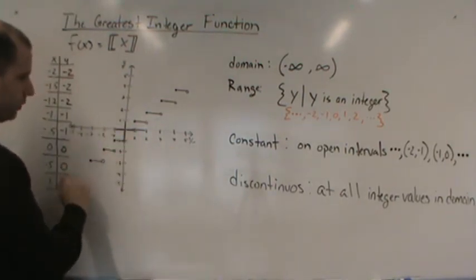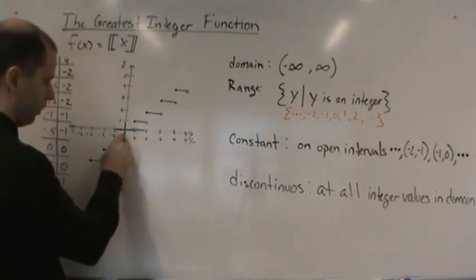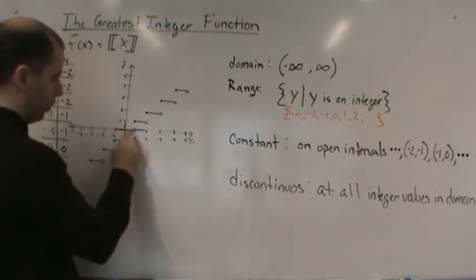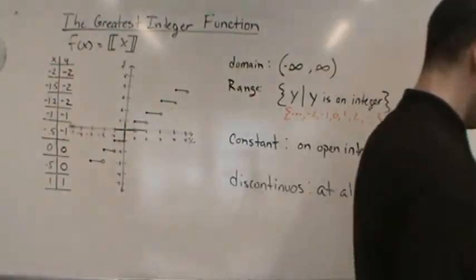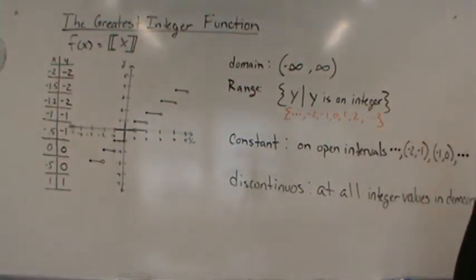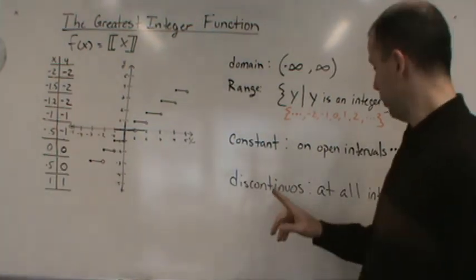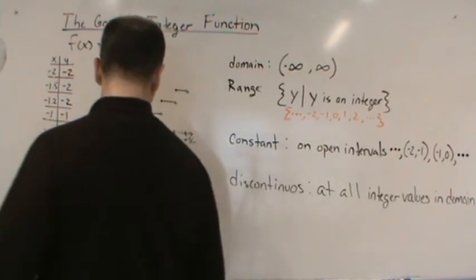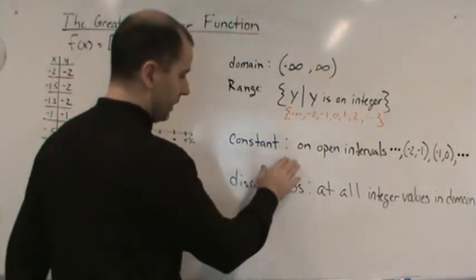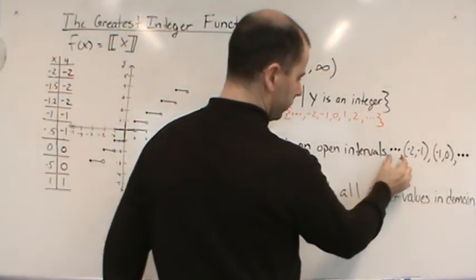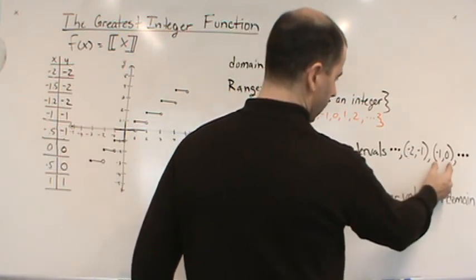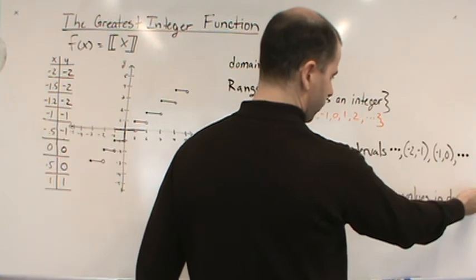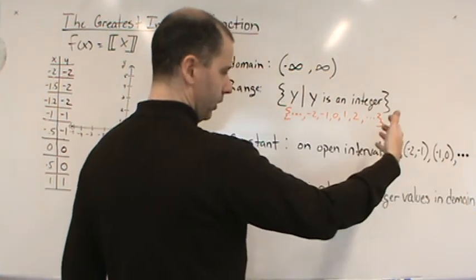So what are these open intervals? The open intervals are from 0 to 1, right? Or 1 to 2. Okay? So this translates to here, on all open intervals, from, for example, negative 2 to negative 1, negative 1 to 0, 0 to 1, 1 to 2, and so on and so forth.